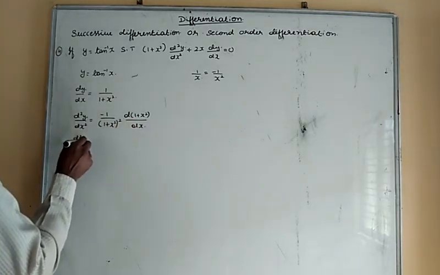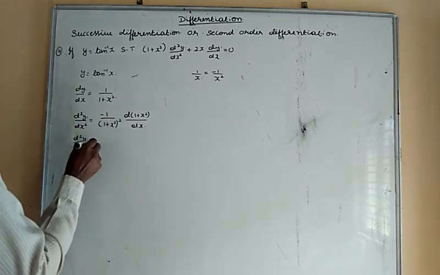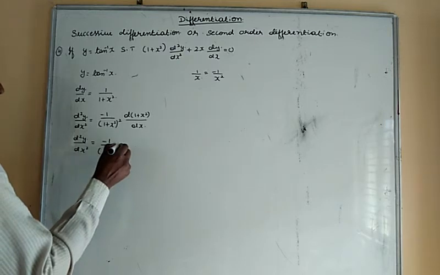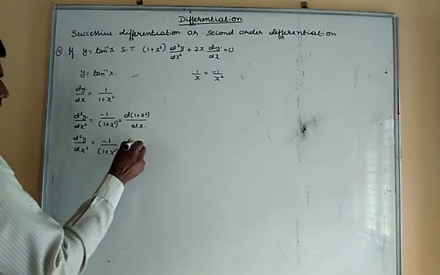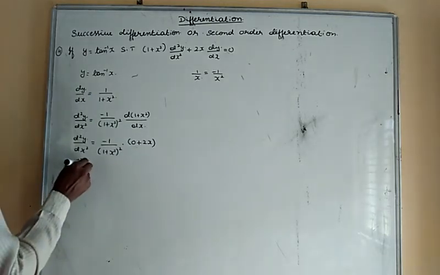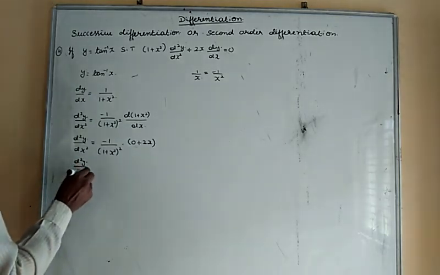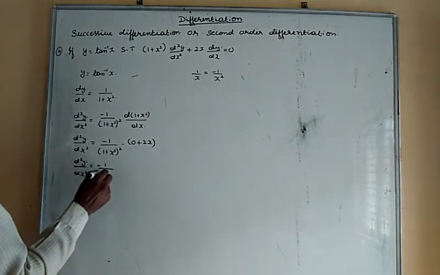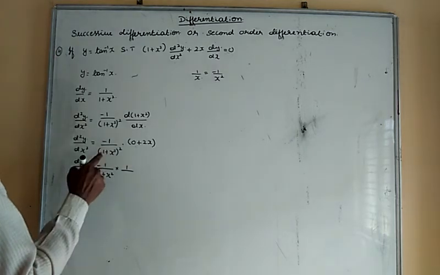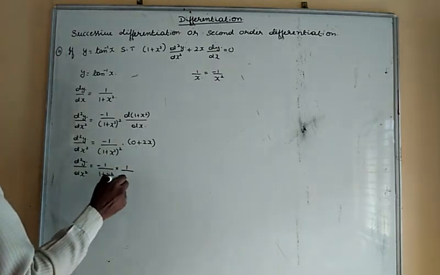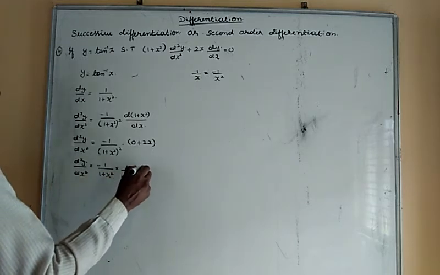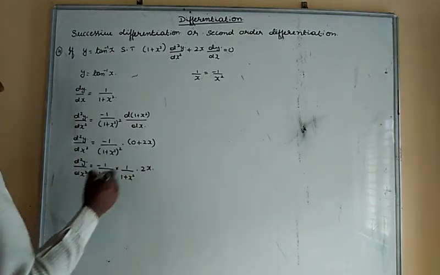Then d square y by dx square is equal to minus 1 by 1 plus x square whole square into, 1 differentiation is 0, x square differentiation is 2x. Then d square y by dx square is equal to minus 1 by 1 plus x square, into 1 by 1 plus x square, into 2x.